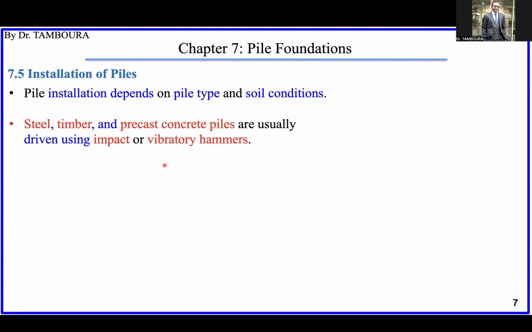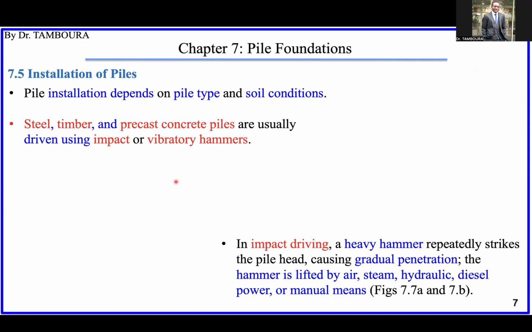So we are going to talk first about these two installation methods, the impact method and the vibratory hammer. Then after that, we talk about other pile installation methods. So first, the impact driving, okay?